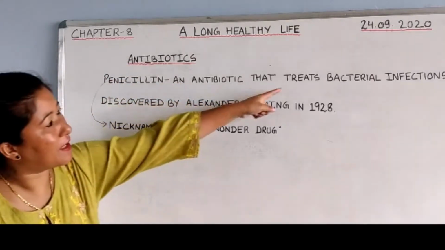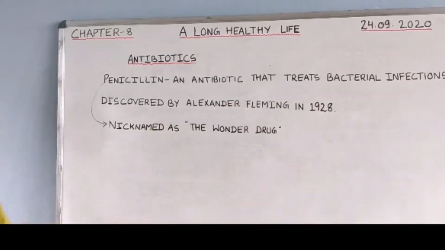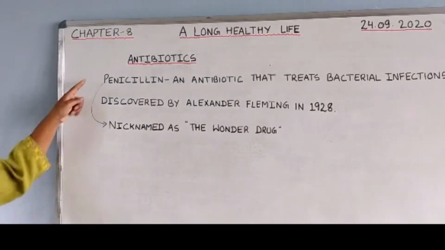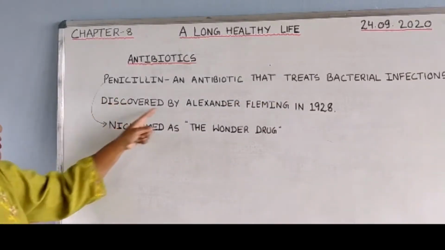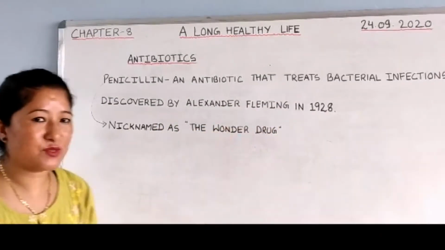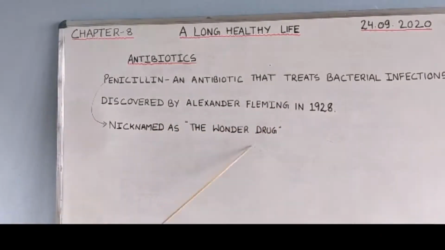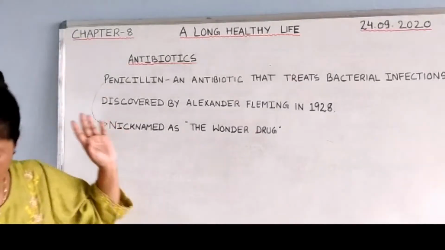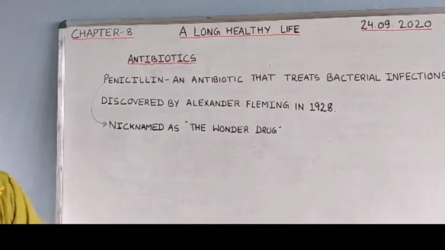It is an antibiotic that treats bacterial infection. This penicillin, discovered by Alexander Fleming in 1928, was nicknamed the wonder drug because it changed the way diseases were treated.